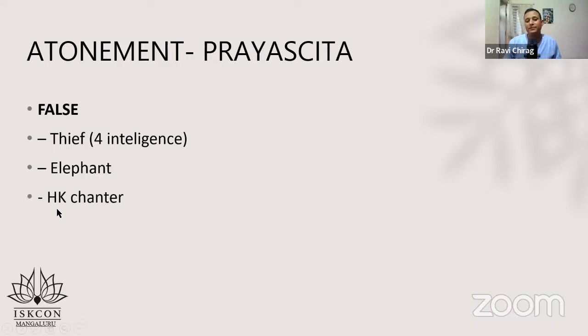Third example, Hare Krishna chanters. Many people chant Hare Krishna and they do all kinds of bad activity also. So that is called sinning under the shelter of Hare Krishna.